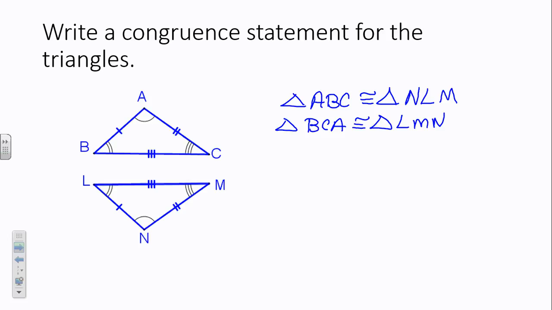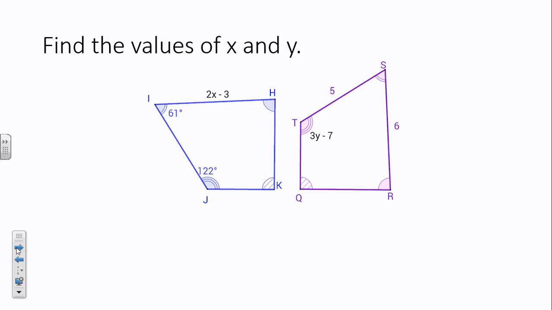All right. So with this particular one, I did not give you an equivalent statement that I should have at the start. This should say polygon HIJK is congruent to polygon RSTQ.